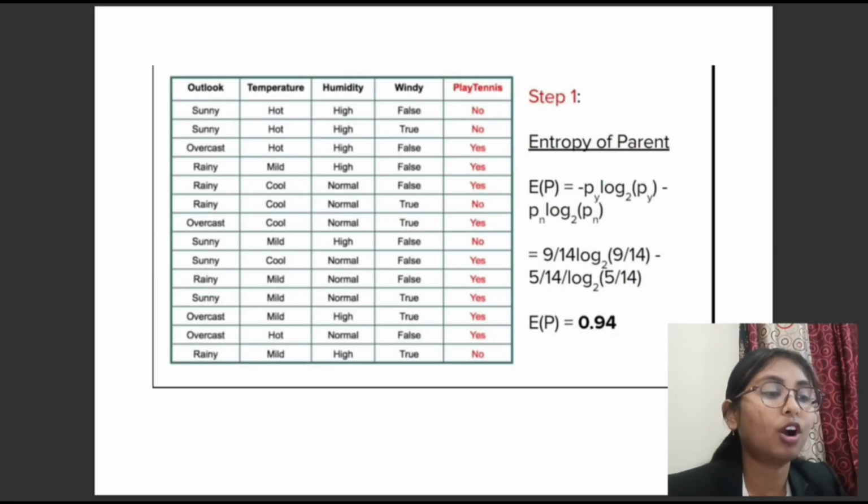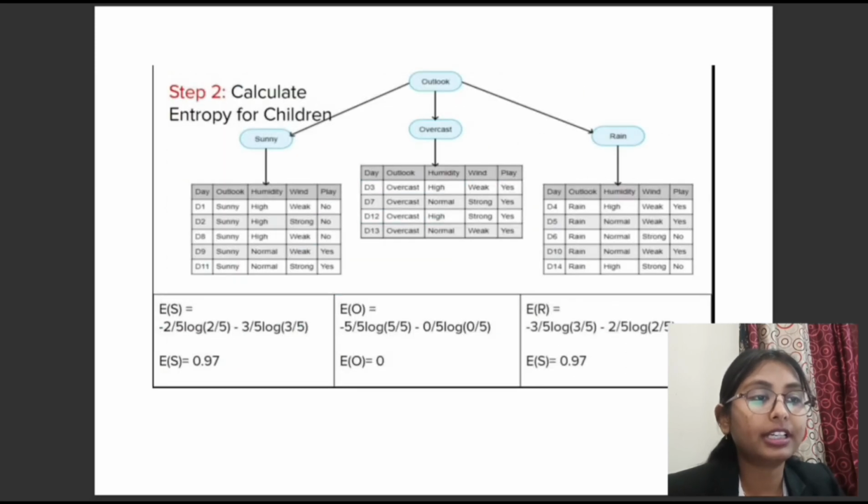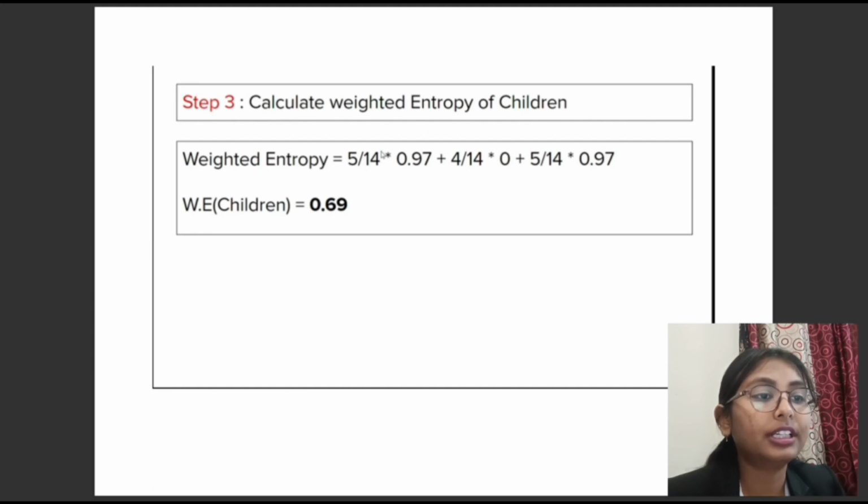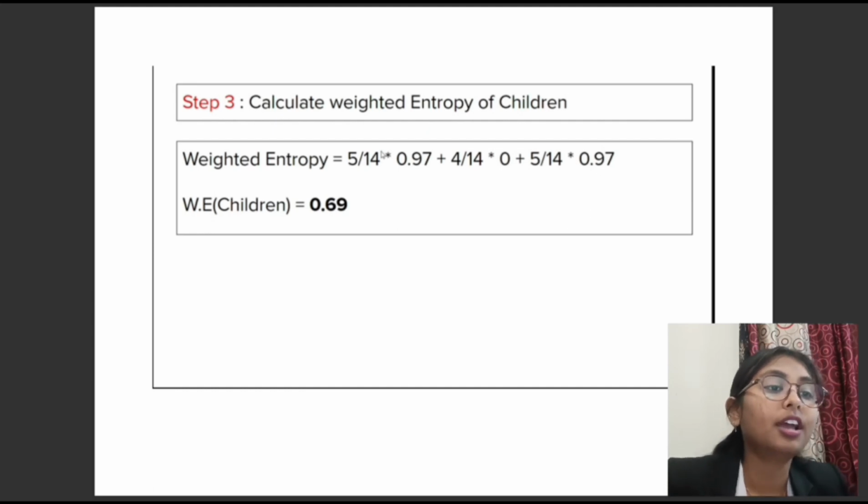So here we calculate the entropy of the parent, that is the entropy of the whole data set, and that is 0.94. After calculating that entropy, I have done a split of the data. After splitting the data on outlook, with sunny, overcast and rain, it has given 0.97, 0 and 0.97 as the entropy of the children. The weighted entropy of the children is then calculated, which is 0.69.